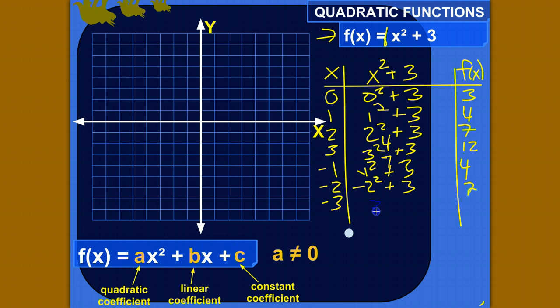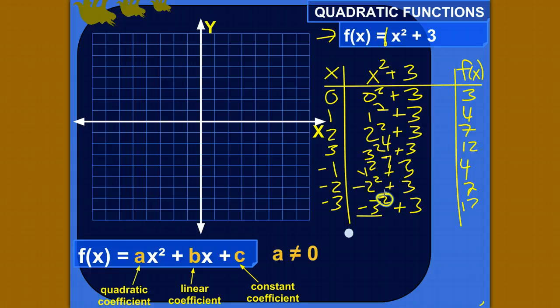And -3 squared would be 9 plus 3, which is 12. And anytime you take a negative number and raise it to an even power, in this case 2, it'll become a positive number.